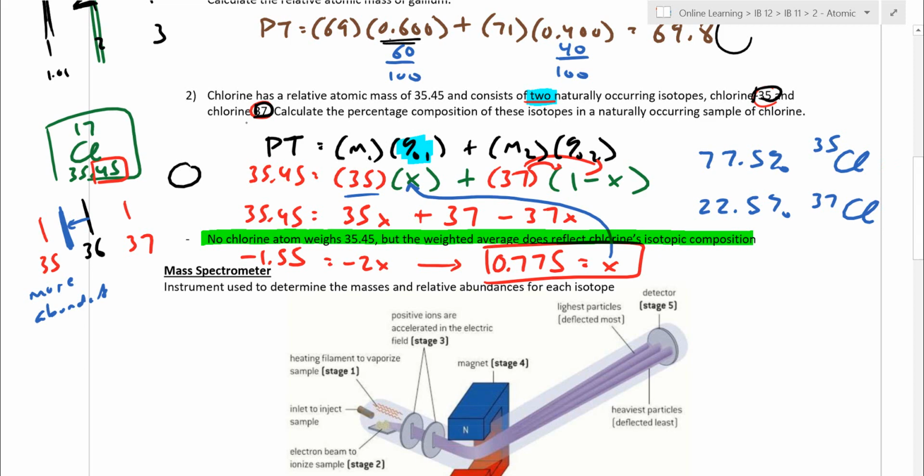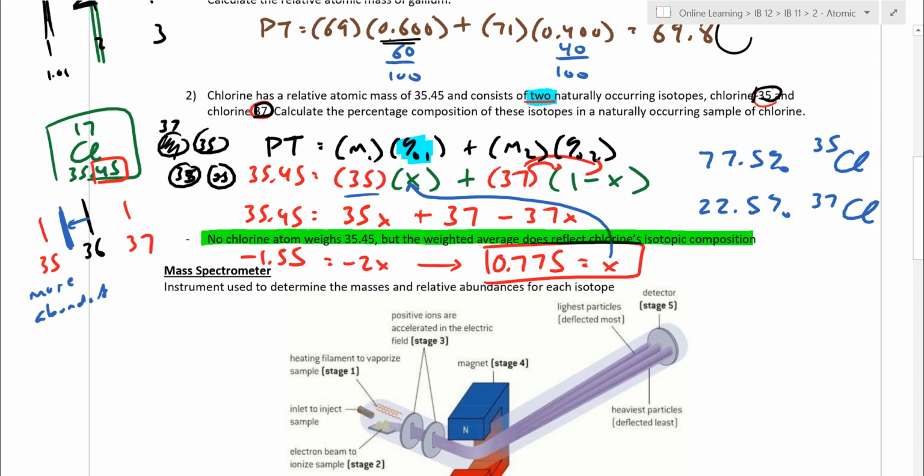Fortunately for us, when we deal with reactions, we typically deal with a bulk sample. What they're saying is, if you give me a handful of chlorine, although no single atom itself will actually weigh 35.45, some of them will be the 35, some of them will be the 37.